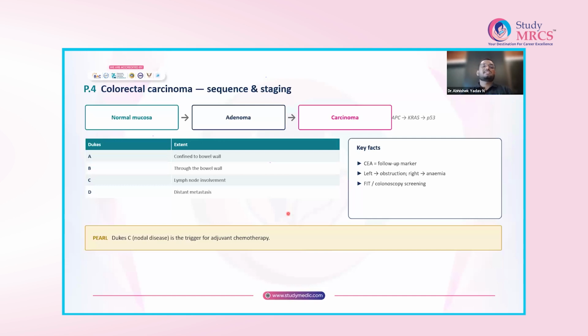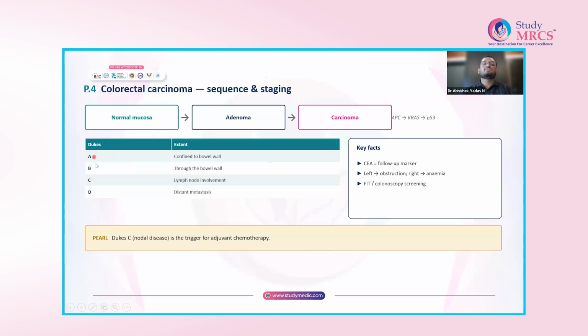Second, you have to remember the staging. In colorectal cancer, of course, we use TNM staging, and traditionally we also use the Duke staging system along with the TNM. So what is this Duke staging system? It's based upon the level of involvement of the tumor.